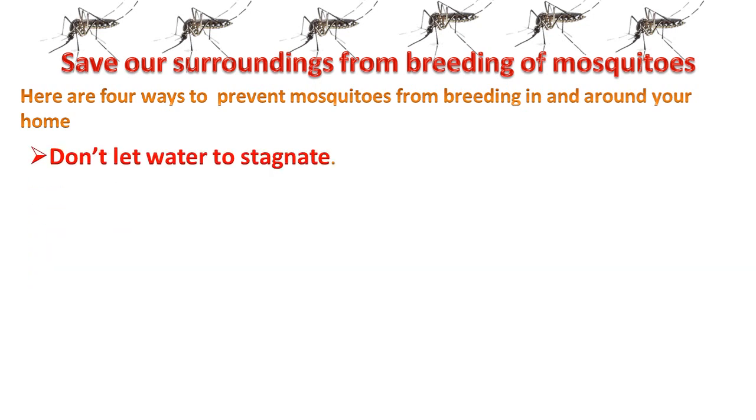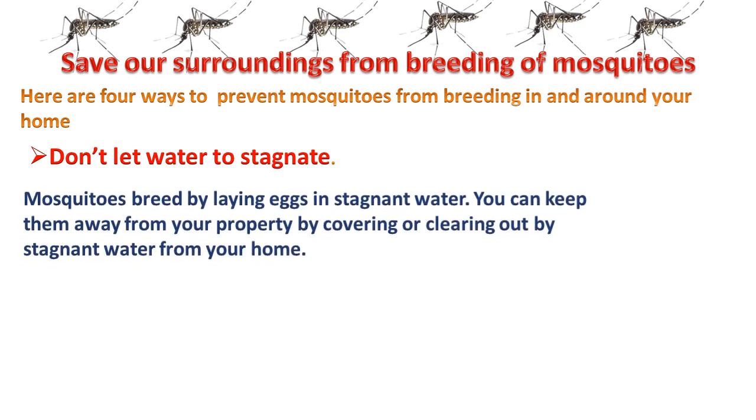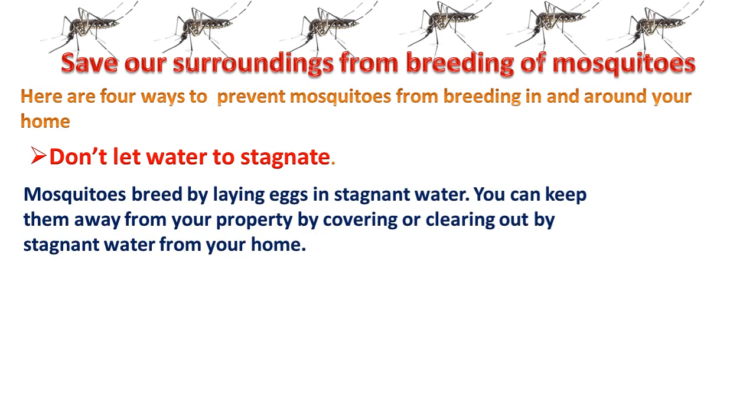First one, don't let water stagnate. Mosquitoes breed by laying eggs in stagnant water. You can keep them away from your property by covering or clearing out stagnant water from your home.